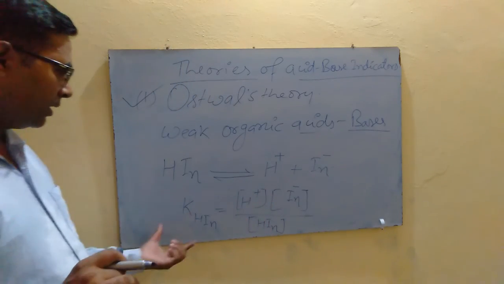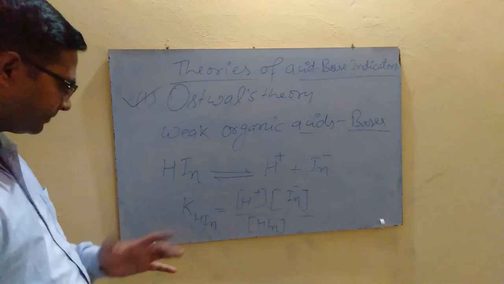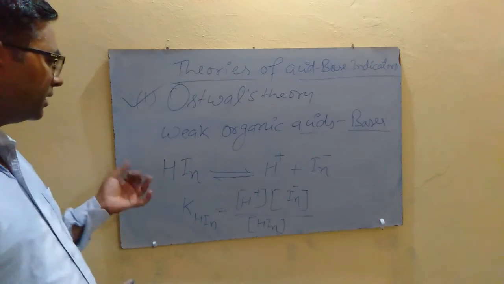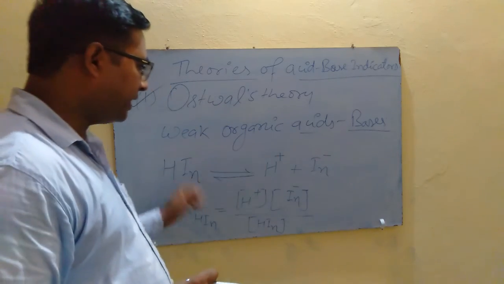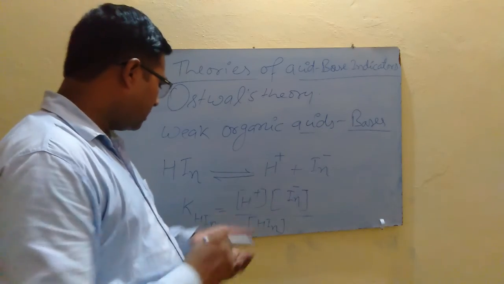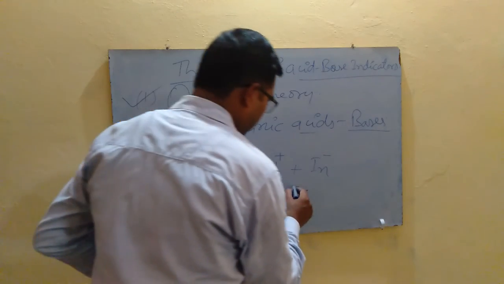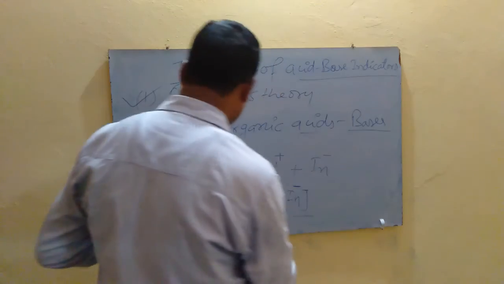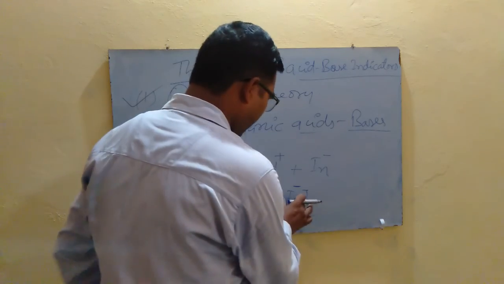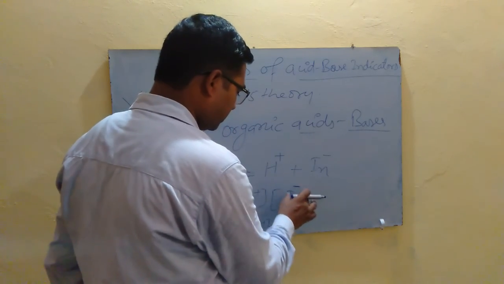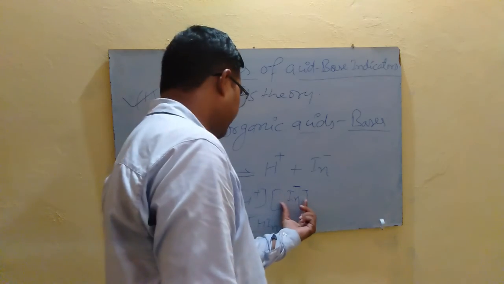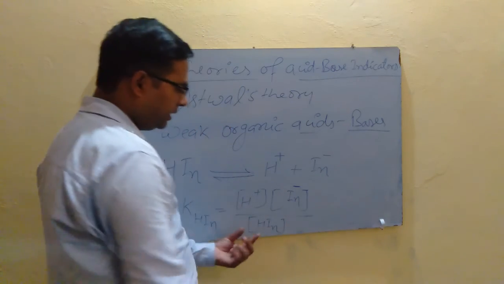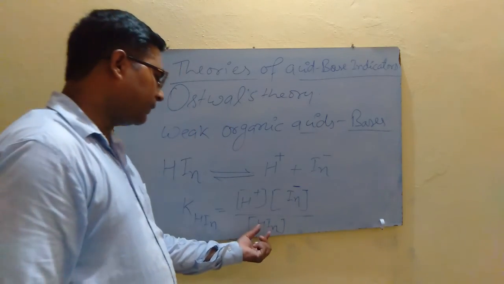So after ionization of indicator, it ionizes into In minus. This is the ionized form of the indicator, and HIn is the unionized form of the indicator.